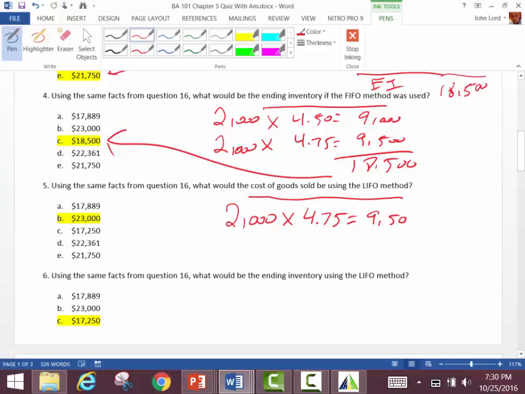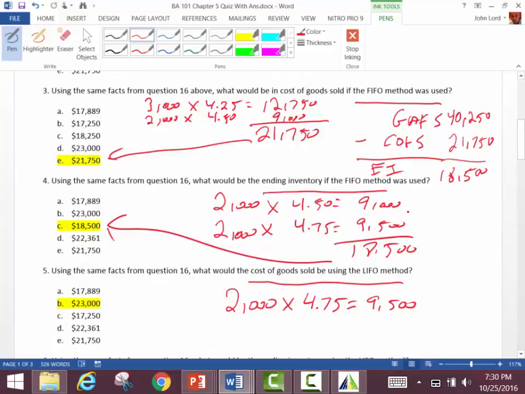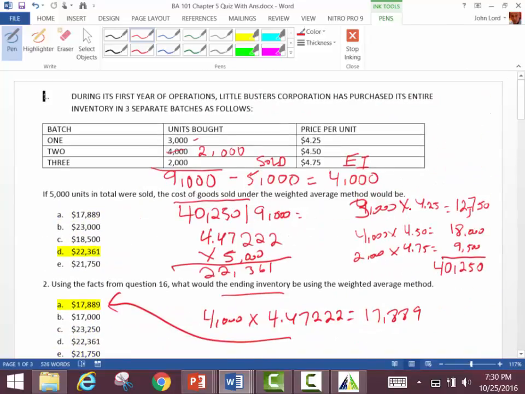Okay, good. Then what, I sold a total of... So now I got to go to batch 2, and I'm going to take how many units from there? 3,000, right? Because that 2,000 I put in there was from the last problem, right?